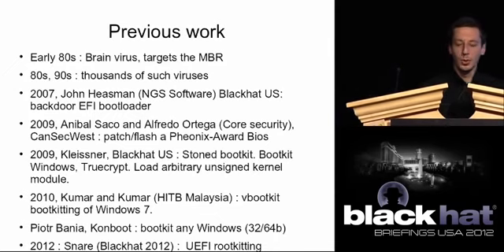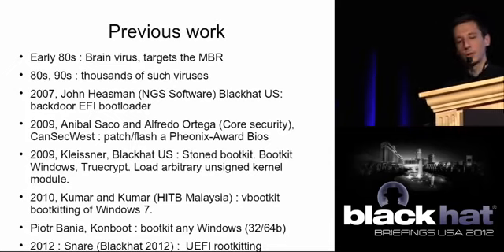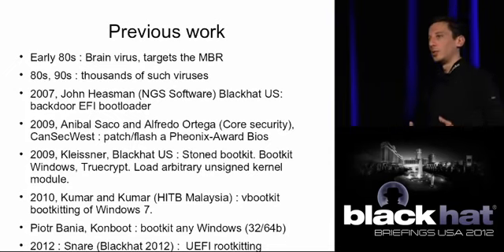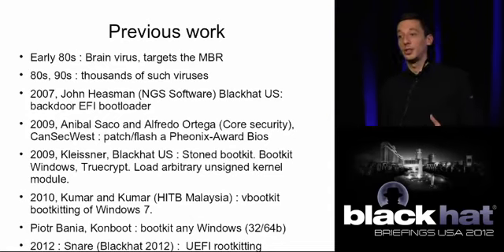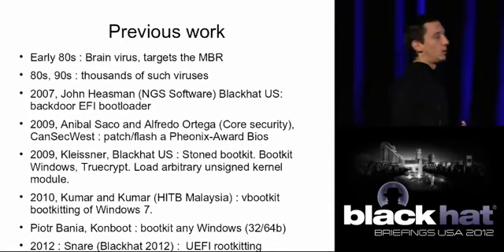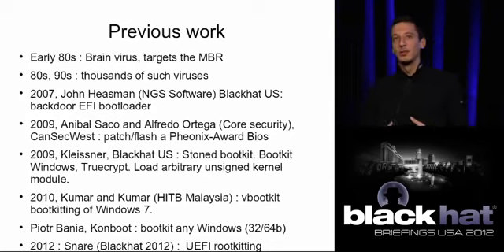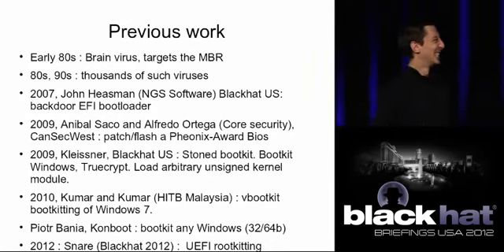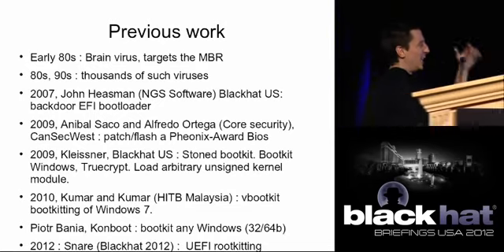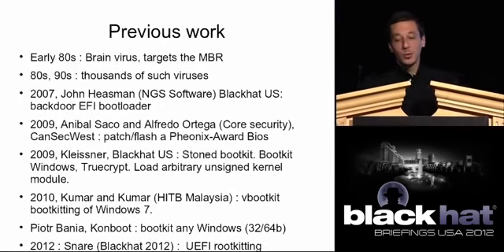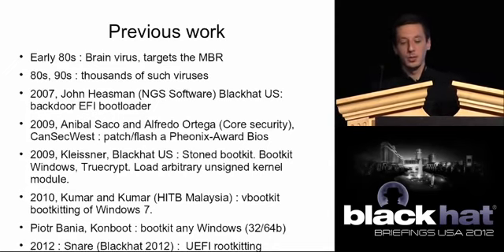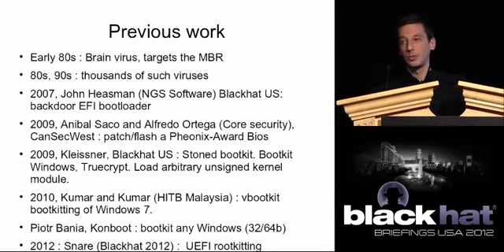Then a bunch of people worked on bootkitting. Again, not exactly from a backdooring perspective, but more to elevate privileges. Is everybody familiar with what a bootkit is? Too easy? Okay. So the best commercial bootkit you can find these days is the one from Vbootkit, it's called Kon-Boot, and it's pretty simple.